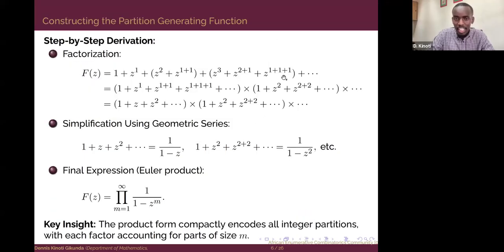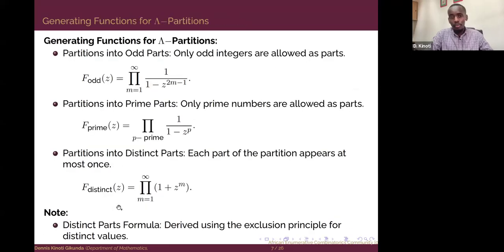So we classify them together and then sort them. Let's put together, in the sort, and then we can have a product where the parts are sorted in this way, and we can have this particular form, the Euler product.